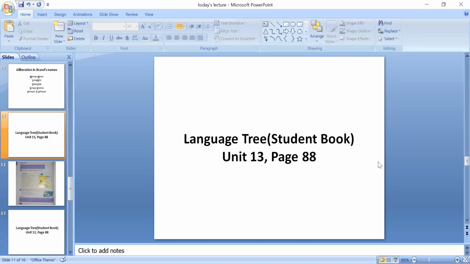Now you have to open your books, Language Tree student book. Students, all of you will open your Language Tree student book, page 88, unit 13. Hurry up, beta. I'm giving you a few seconds. Open your books. Your pencils must be with you.